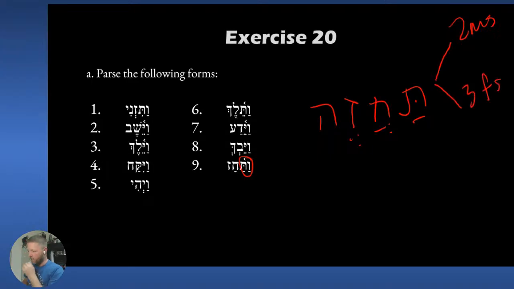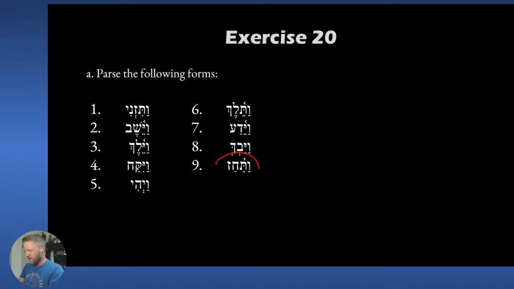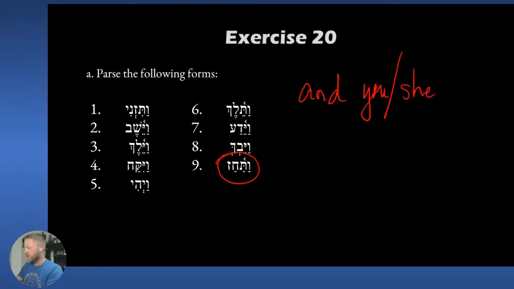It can be you or she, because they're the same form. Remember in the table? They're the same form always. So Vatahaz would be with the apocope. The Hey is dropped, and the vocalization was a segolate structure that's been resolved like this. Vatahaz means, and you, masculine singular, or she, third feminine singular, saw, like in a vision.